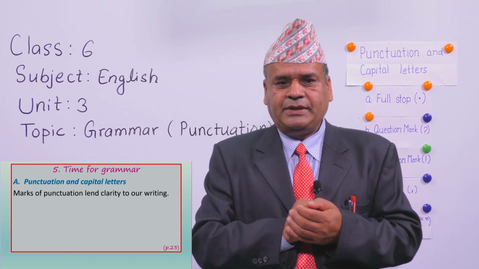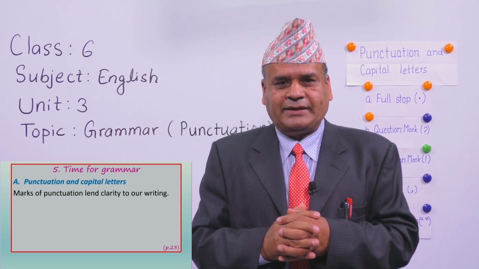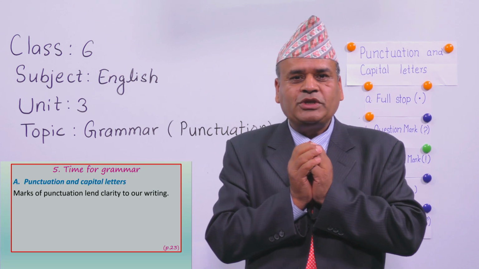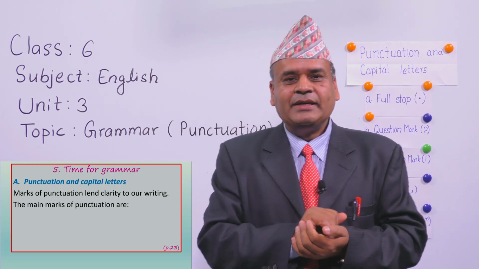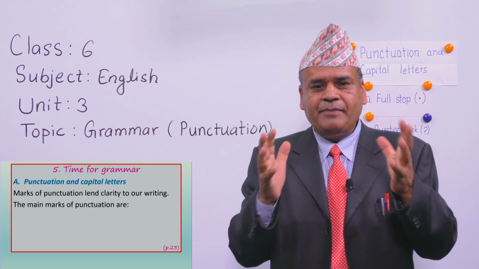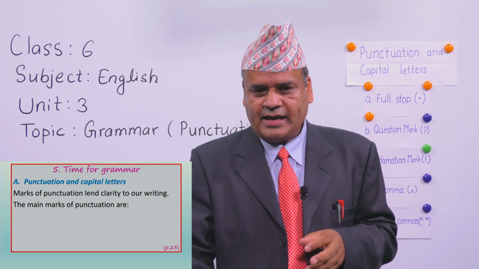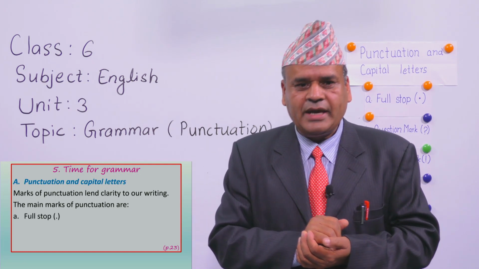Now, you see, marks of punctuation lend clarity to our writing. So you understood this. When we use punctuation marks, it gives clarity to our writing, okay? Similarly, the main marks of punctuation are, yes, just now you got some ideas. They are, number 1, full stop, okay?